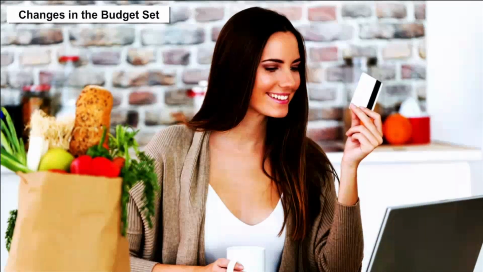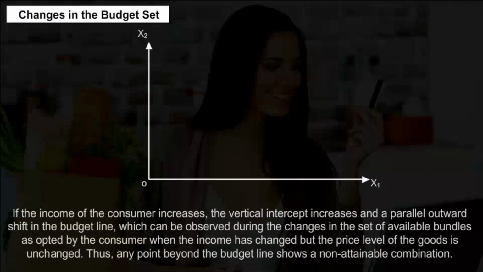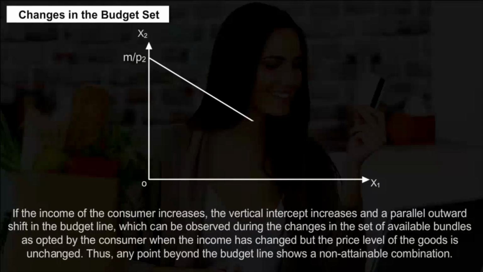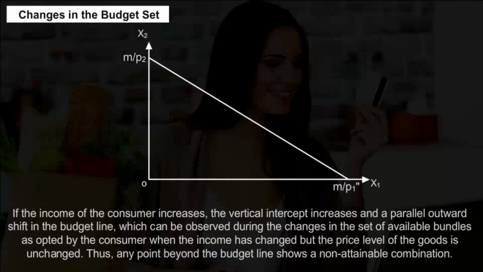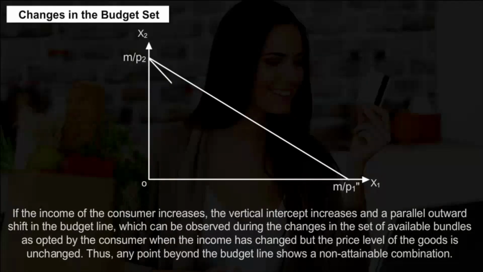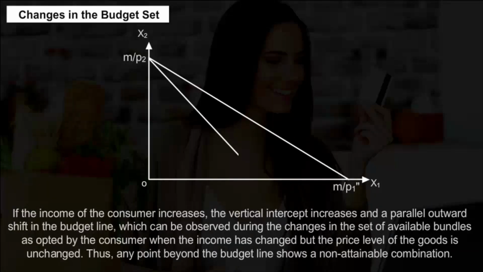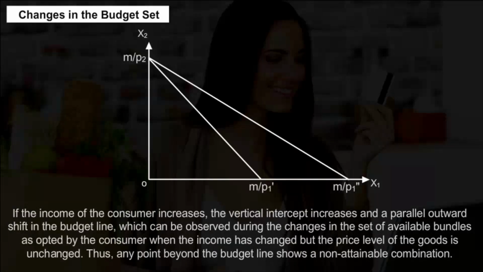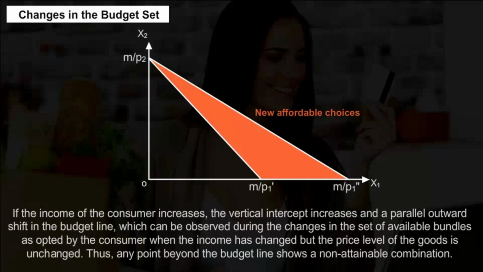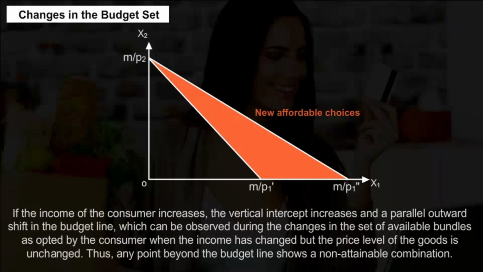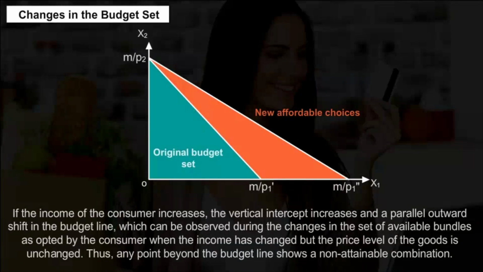Changes in the budget set. If the income of the consumer increases, the vertical intercept increases and there is a parallel outward shift in the budget line. This can be observed in the set of available bundles when the income has changed but the price level of the goods is unchanged.